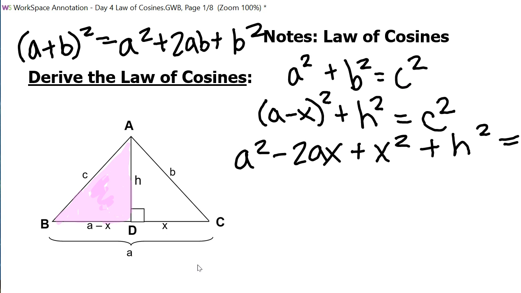Now looking at this part right here that I'm grouping in parentheses, x squared plus h squared. I would like to find something I could replace x squared plus h squared with, from this diagram over here. What could I replace x squared plus h squared with?